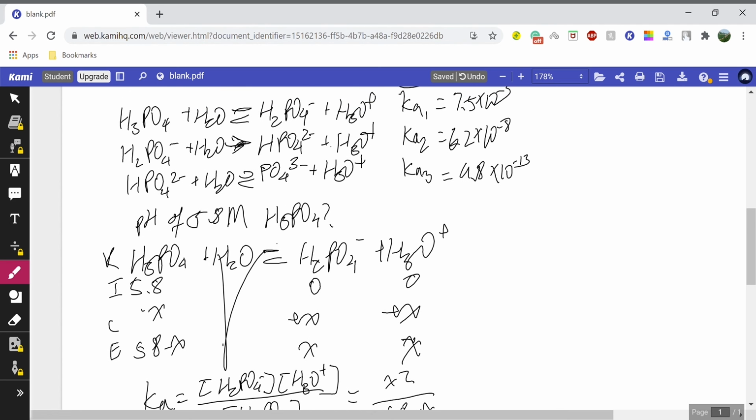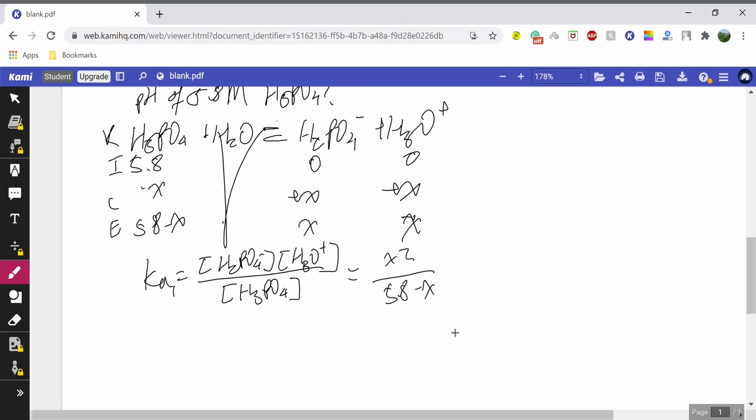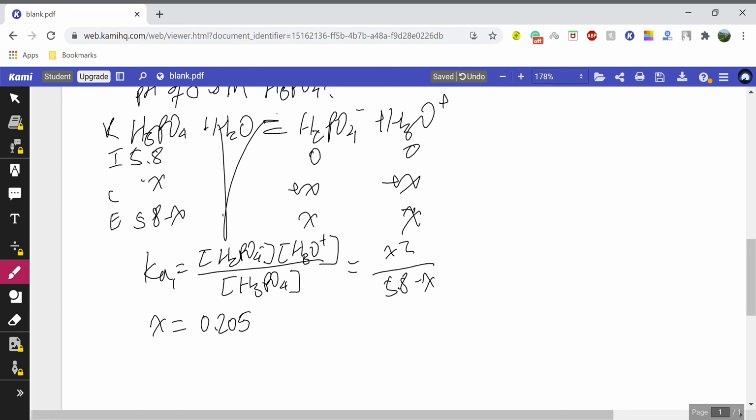And then we're going to go to our graph to solve for X. Okay, the X value is 0.205, and that is where the line crosses the x-axis on the right. So now, what does the X value tell us? X is the concentration of H3O plus at equilibrium.